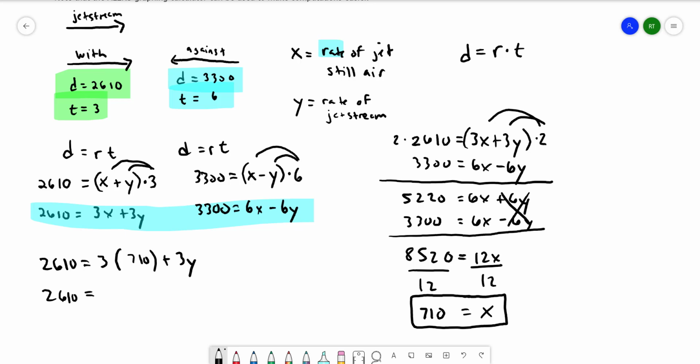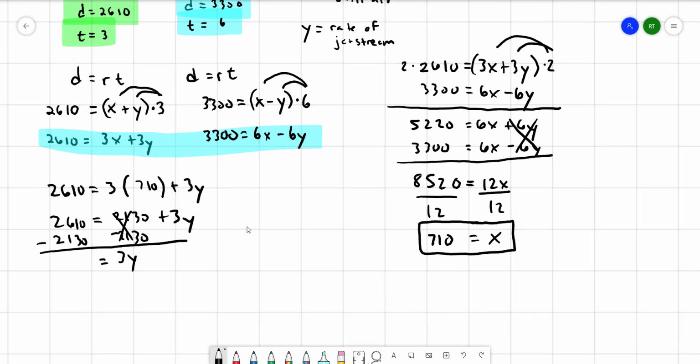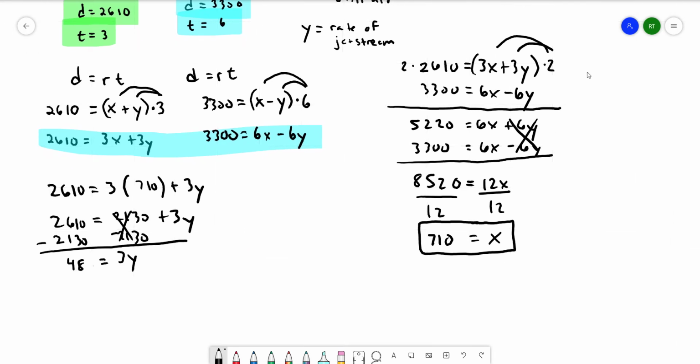So 3 times 710 is 2130 plus 3y. Now I subtract 2130 to both sides. And then I get 3y, scroll down a little bit, equals 480. Then divide both sides by 3.